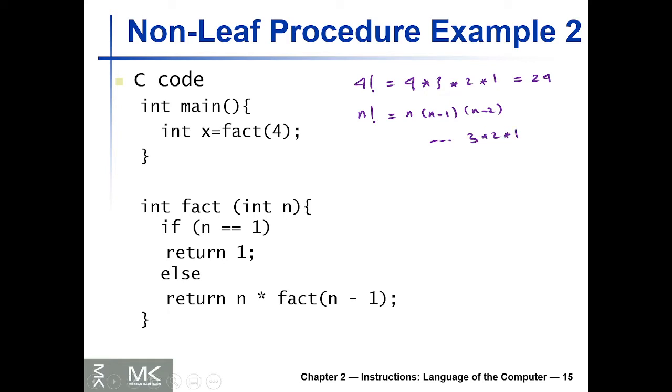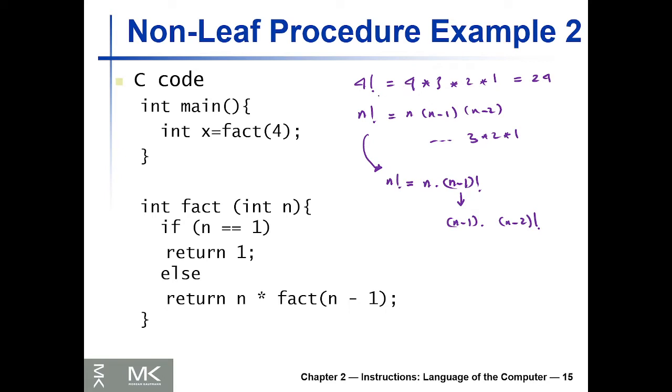Okay, that's basically the factorial. So as we see here, factorial of n is actually equal to n times factorial n minus 1. And factorial n minus 1 is actually n minus 1 times factorial n minus 2.